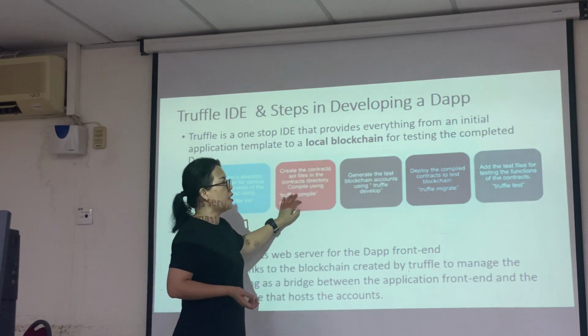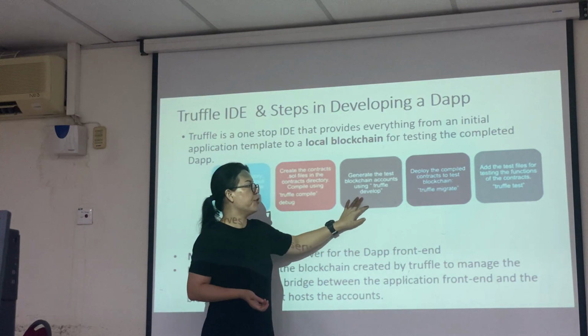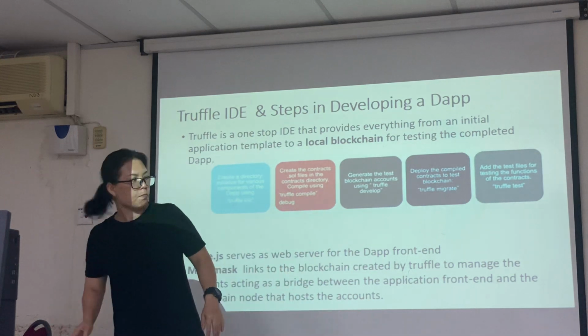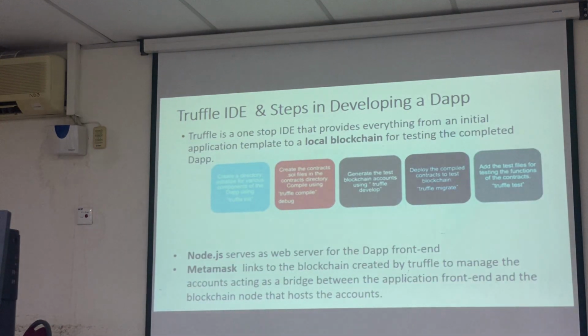After this, the third step is called truffle develop. If you can see, I mentioned about 7545. This particular RPC, you are using Ganache.